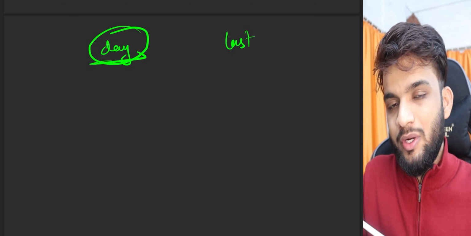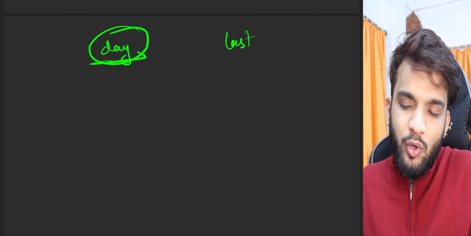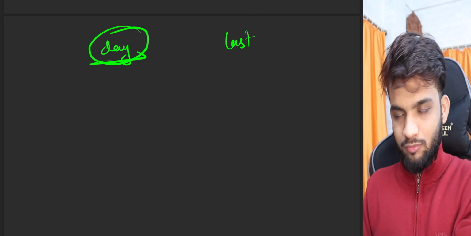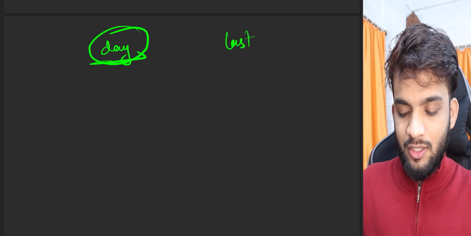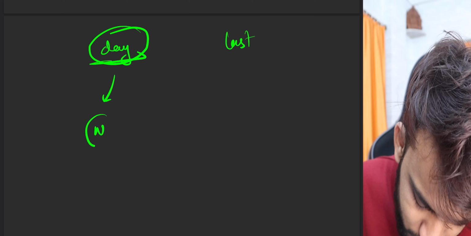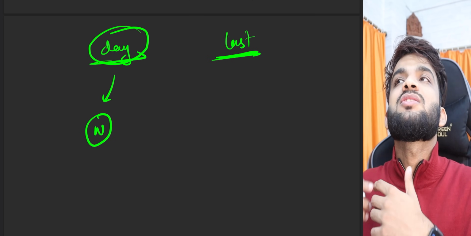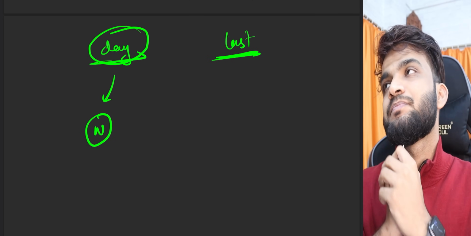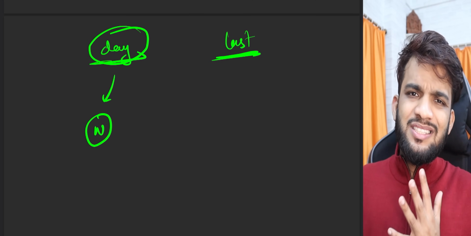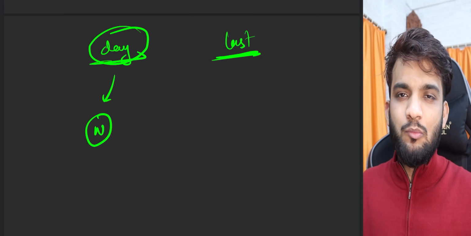How much is the value of day? It can be 0, it can be 1, it can be 2, till n minus 1. So there are n different values that day can have. What is the possible value of last, if I ask you in very simple terms? Last can be 0, 1, 2, 3, nothing more than that.